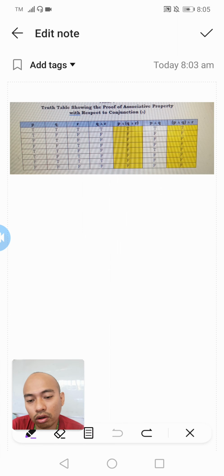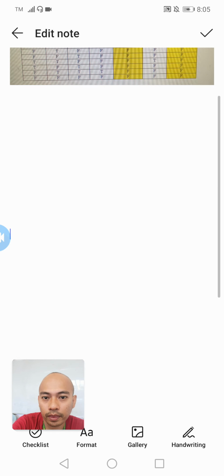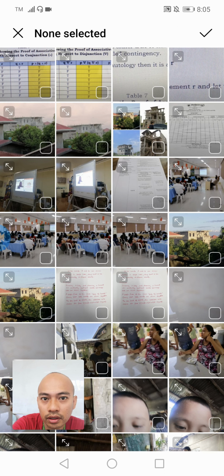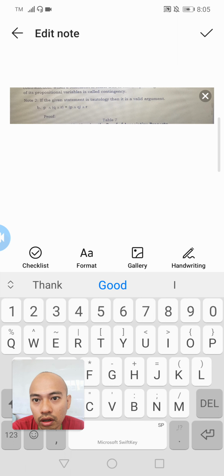Let's concentrate more on the truth values of the second case, which is given by this: P and the quantity Q and R is equivalent to the quantity P and Q and R. So this is the second case.